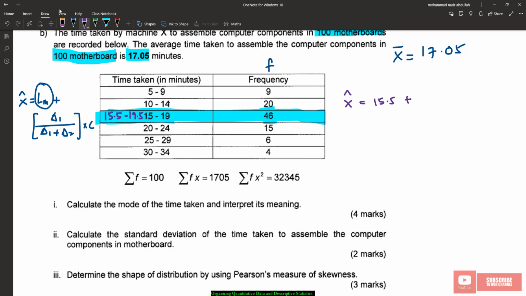plus, because L represents the lower class boundary of the modal class. Right? Sorry, 14.5, not 15.5. Yeah, very good. 14.5.